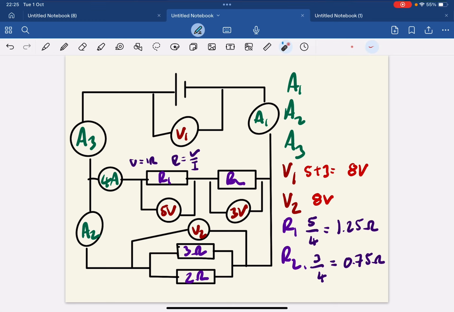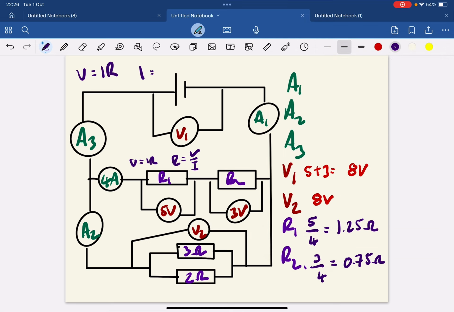So then we can look at our current. So what do we know about the current? Well, we should know that A1 and A3 are going to be the same. And A1, or A3, is going to be equal to 4 amps plus A2. So now we need to work out A2. So to work out current, we have to use that magic equation again, that potential difference is equal to current times resistance.